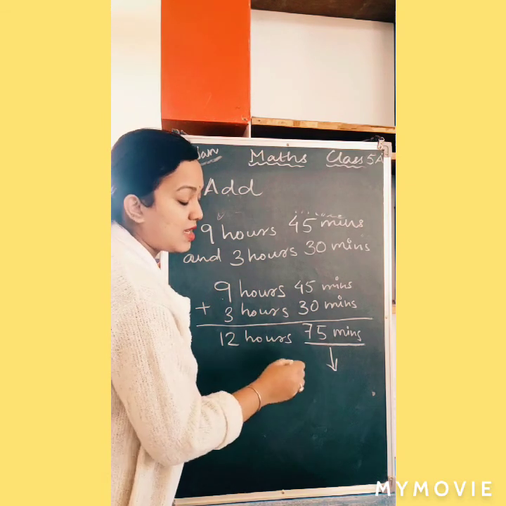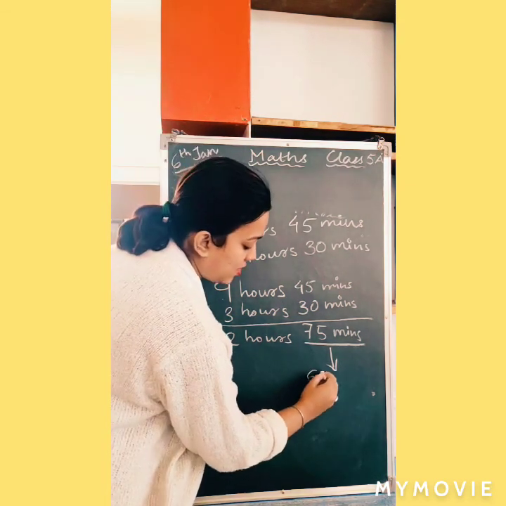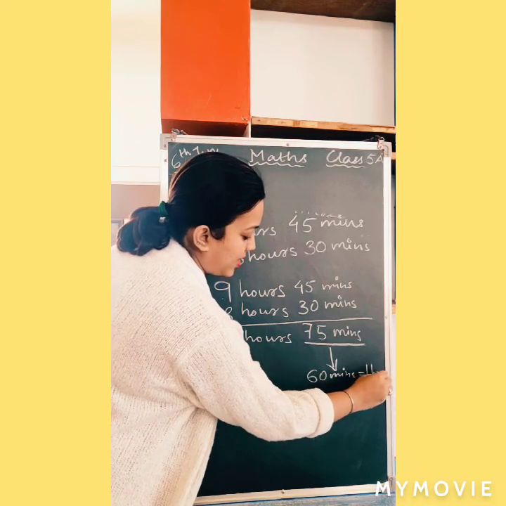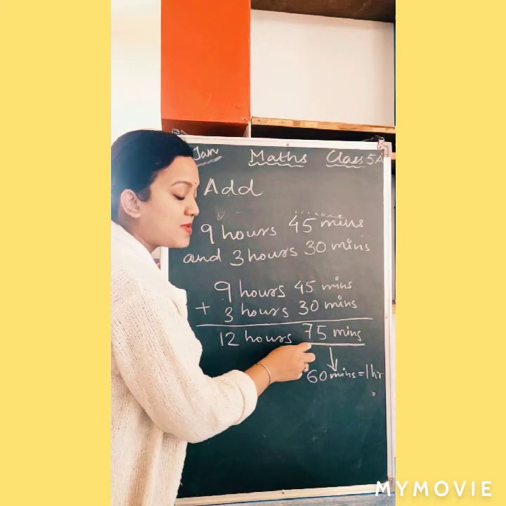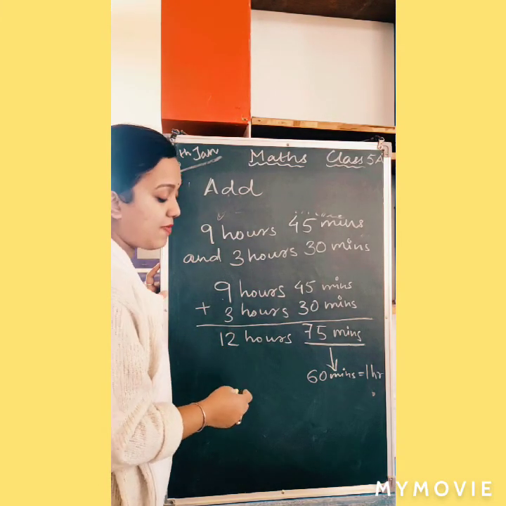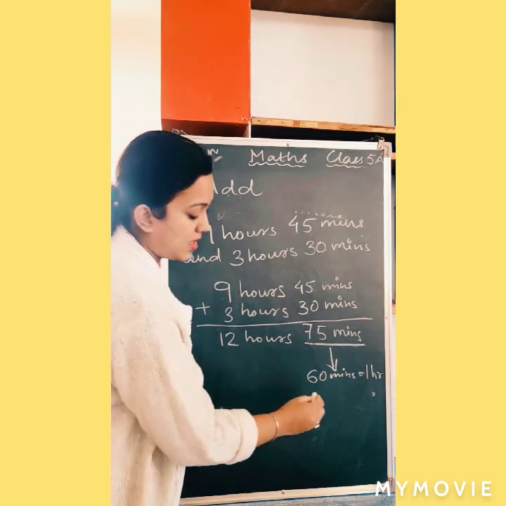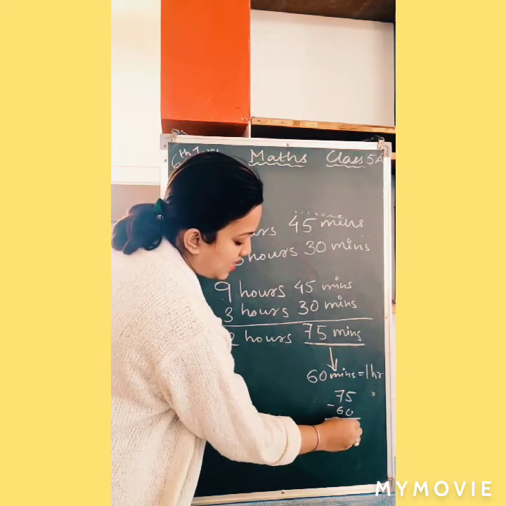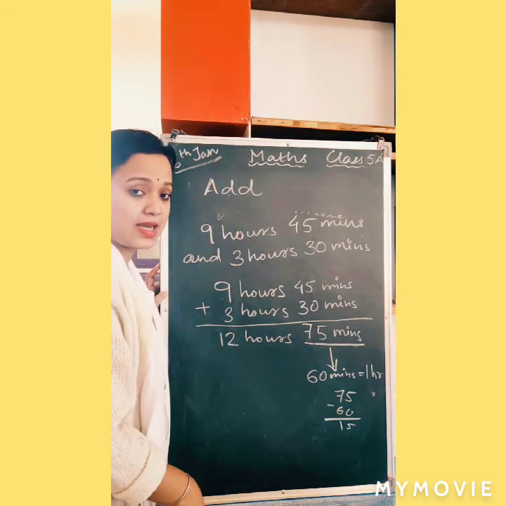Now I know 60 minutes is equal to 1 hour. Yes or no? So from 75 we are going to subtract 60. If I subtract 60 minutes from here, that means 75 minus 60 is nothing but 15 more minutes. Correct?